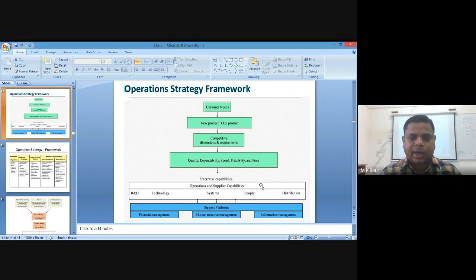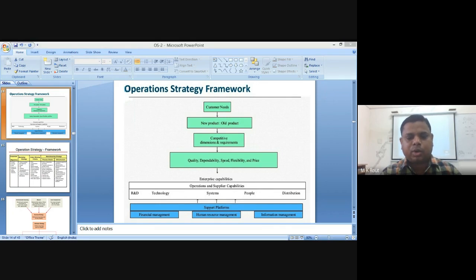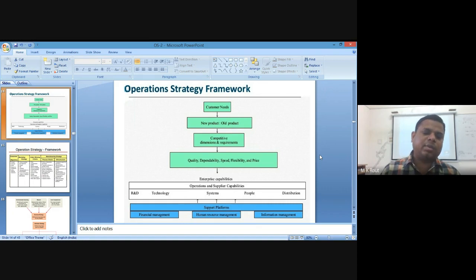Then after that, you need a different type of support platform or supportive system. So what are the supporting systems? For research and development, technology, systems, people, and distribution, you need financial management. In case of people, we need human resources. In case of technology, we need information.